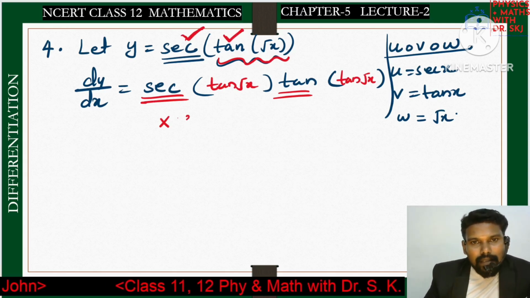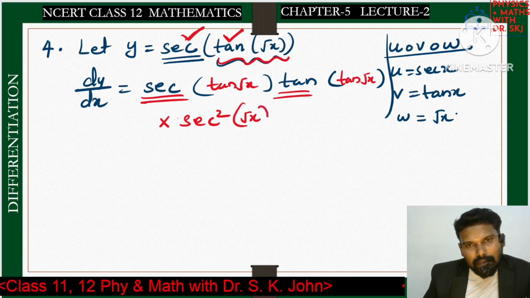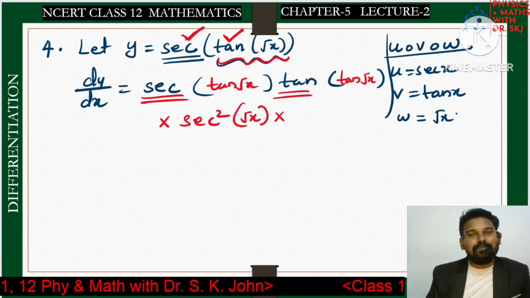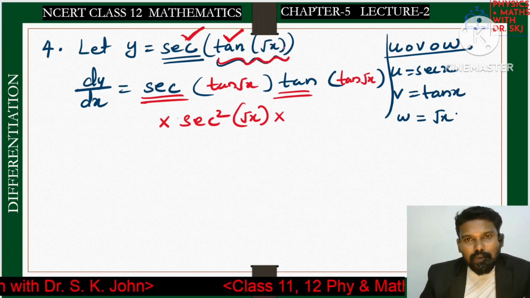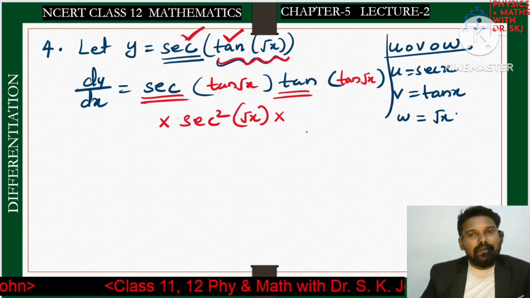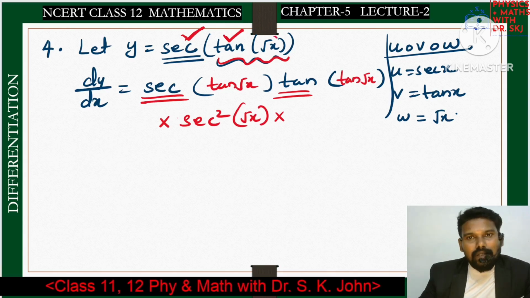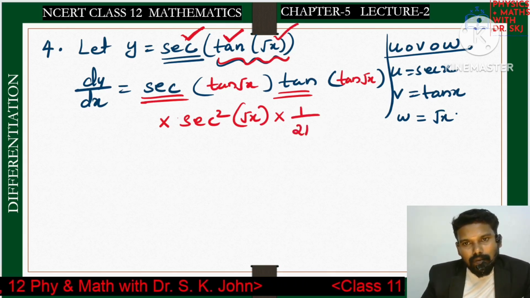What is the derivative of tan? It is sec square. Instead of x you have root x. I think you got the point. Instead of x we have root x. So the derivative of tan root x is sec square root x. Now we have to differentiate root x. The derivative of root x is 1 by 2 root x.